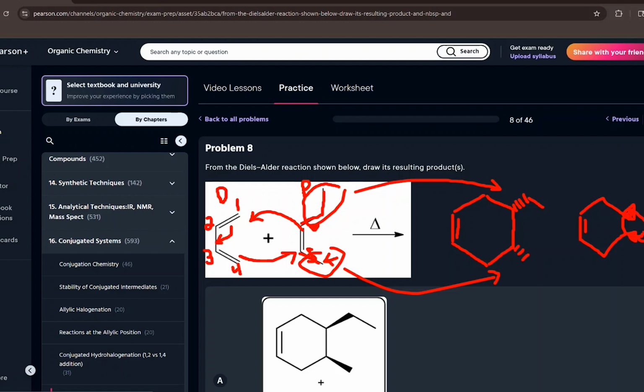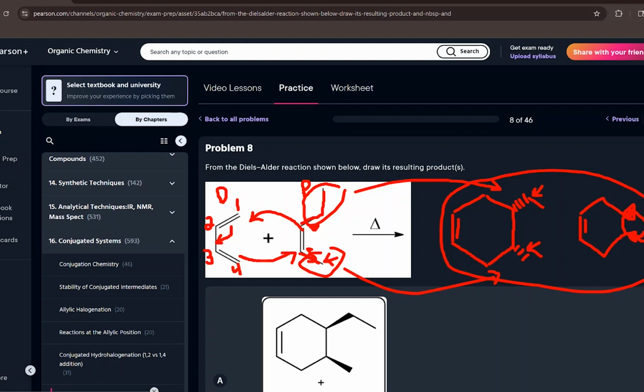The pen drawing is a little messy. So we're looking for an answer that looks something like this. 2 different versions, one on a dash, one on a wedge, one is an ethyl, one is a methyl, and that will be our answer.